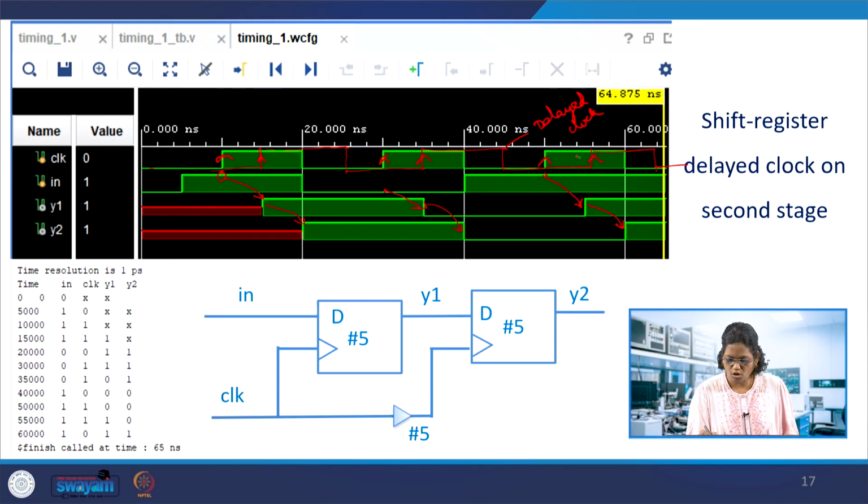At this delayed clock, look at y1, and it takes 5 time units and is assigned here. Look at y1 at this clock and then assign it. Look at it at the delayed clock and assign it. This is how the second stage works.